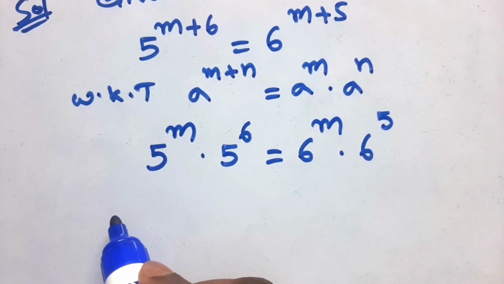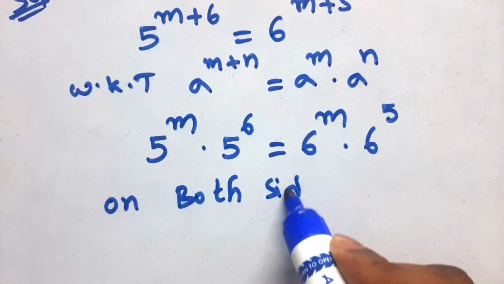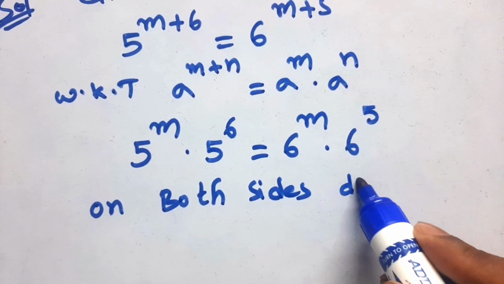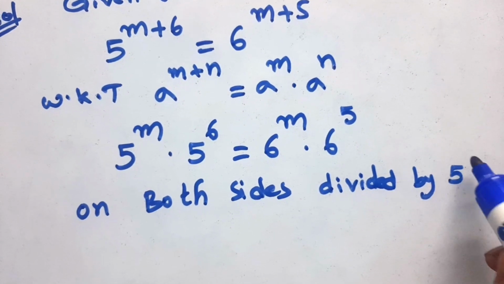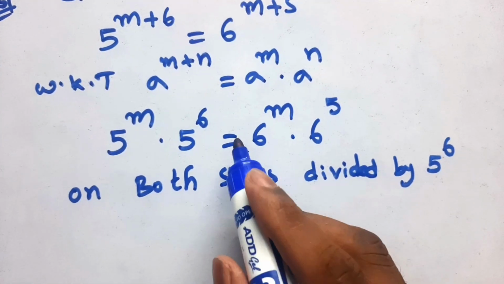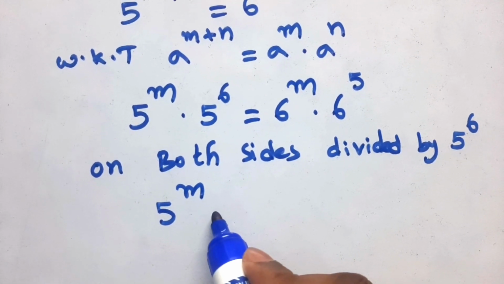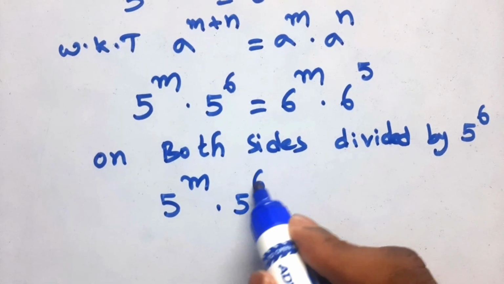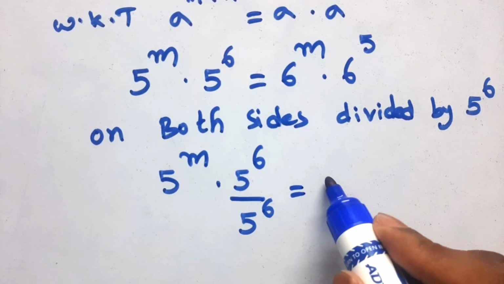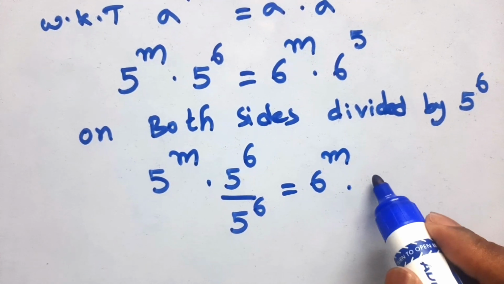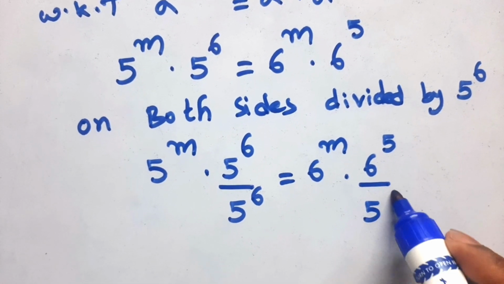See the next one. On both sides divided by 5 to the power 6. This will be 5 to the power m times 5 to the power 6 divided by 5 to the power 6 is equal to 6 to the power m times 6 to the power 5 divided by 5 to the power 6.